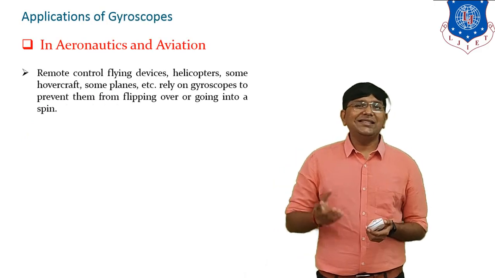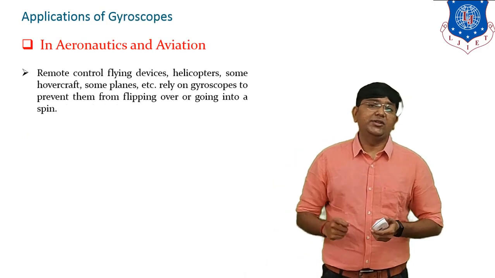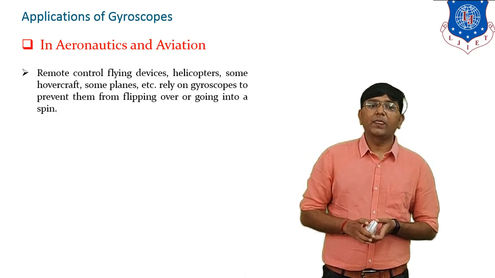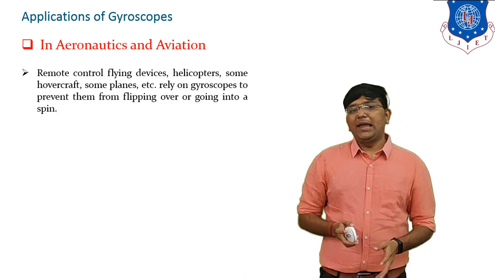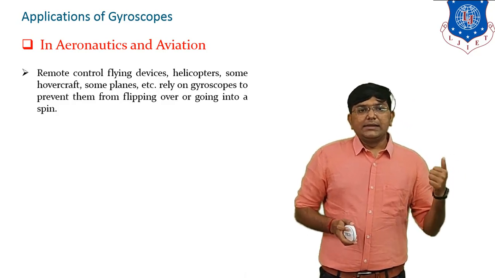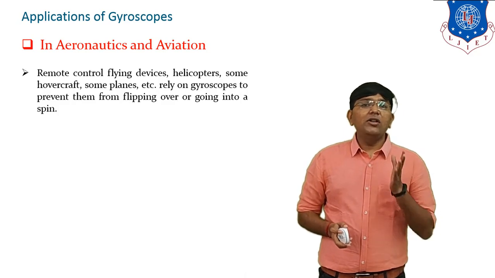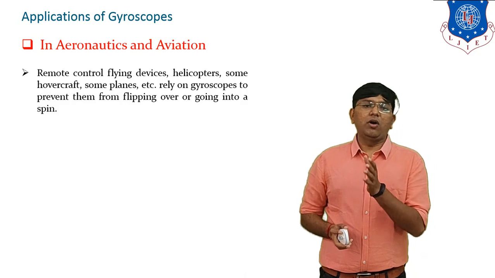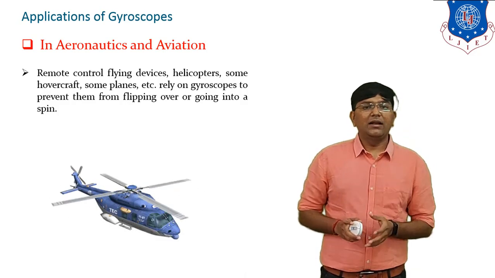Now we have to discuss some basic applications of gyroscope. First of all, in aeronautics and in aviation. Remote control flying devices like helicopters, some hovercraft, some planes, etc. rely on gyroscope to prevent them from flipping over or going into a spin.